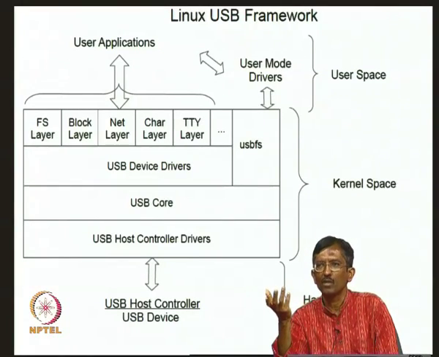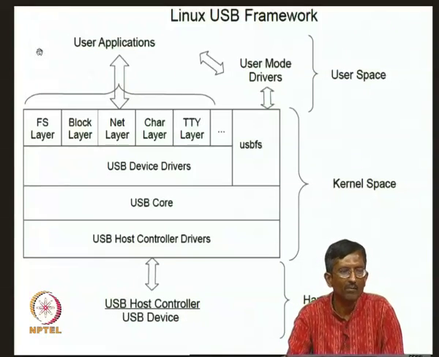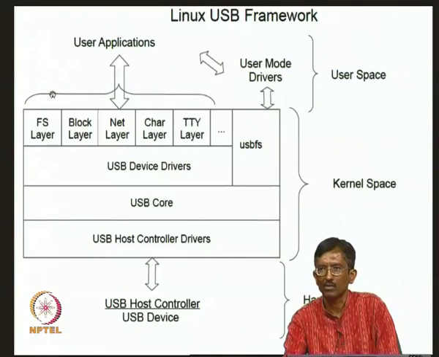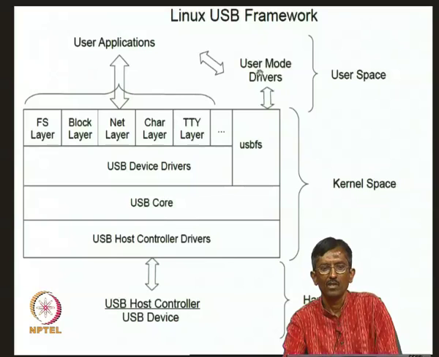That user buffer has to be copied into the kernel first. And that is going to be done by the file system there. Or you can be doing it directly from user mode drivers. If you have a user mode driver, you will not go to the file system layer, you might actually directly come through this.